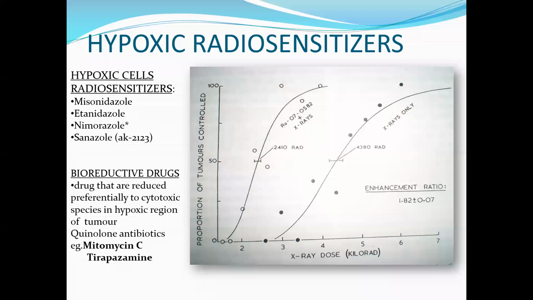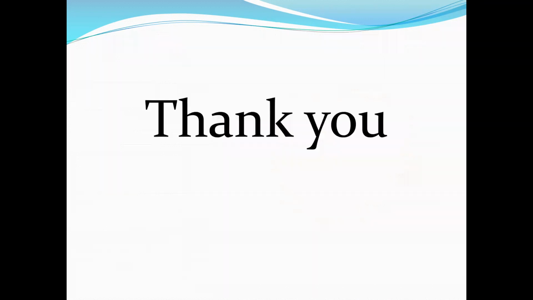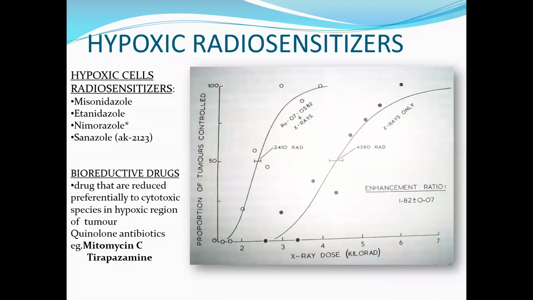If at a later stage they find sufficient oxygen, they again metabolize and they recur. So we have these hypoxic cell sensitizers. These are the names: misonidazole, etanidazole, nimorazole, sanazole, bioreductive drugs. You just need to know the names.